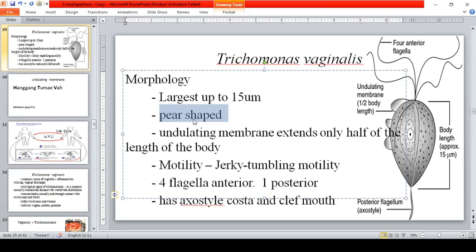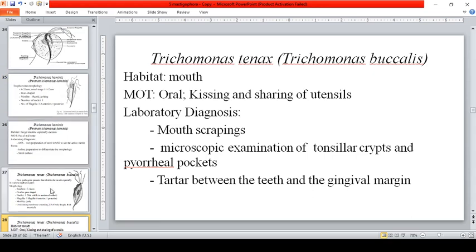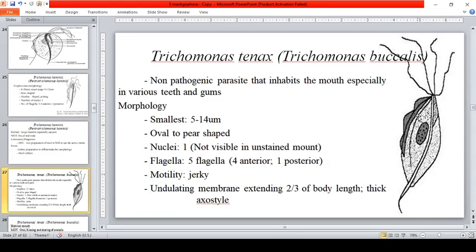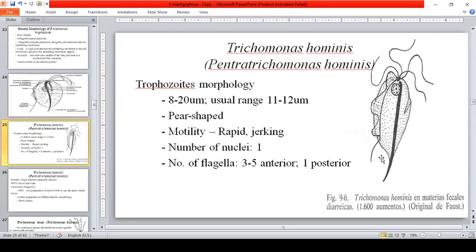So, we try to differentiate their undulating membrane. So, kay vaginalis, hanggang kalahati lang ng kanyang body length. Okay? So, kay tenax, hanggang 2/3. Pero nakalimutan kong i-mention kay Trichomonas hominis. Kay Trichomonas hominis, hanggang end naman ng kanyang body length.